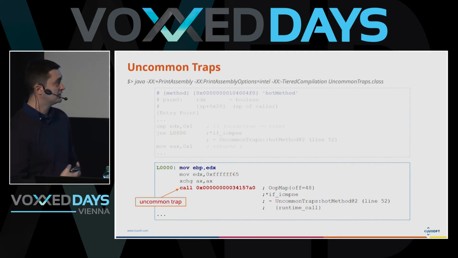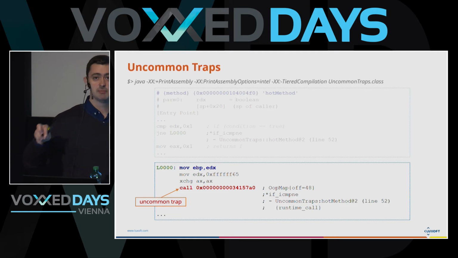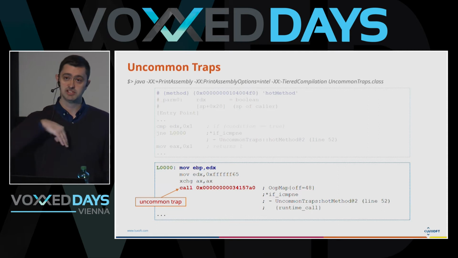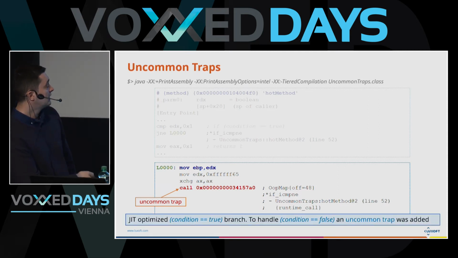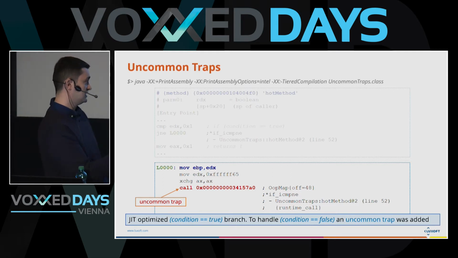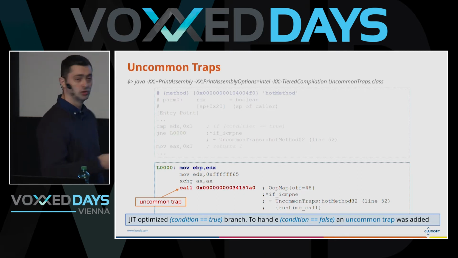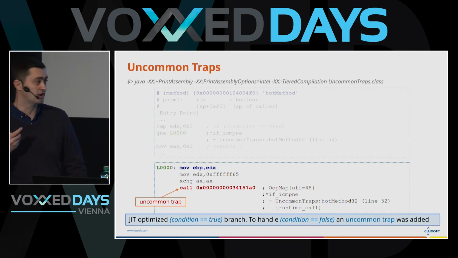When it happens, the just-in-time compiler locks the method, marks it as not entrant, and switches back to the interpreter. So based on this, we can see that the JIT compiler optimized, for the moment, only for the true branch. And for the false branch inside the code, it put this uncommon trap.